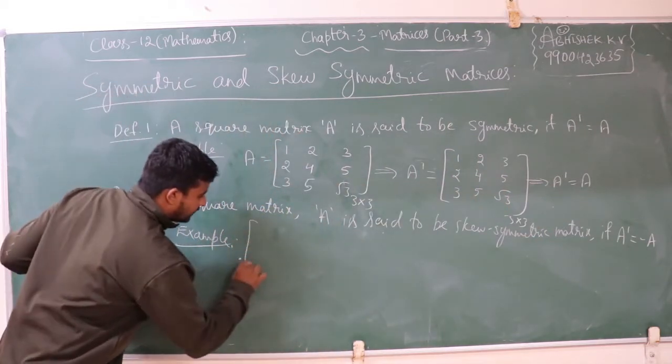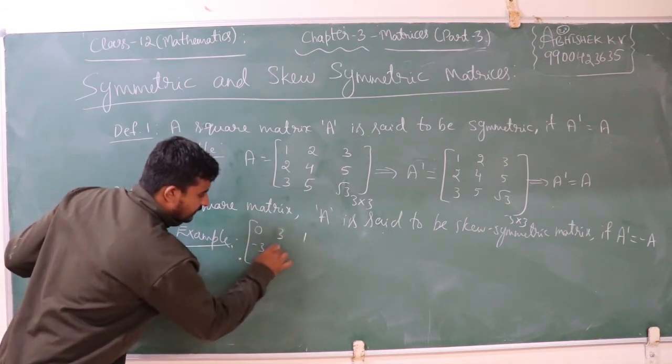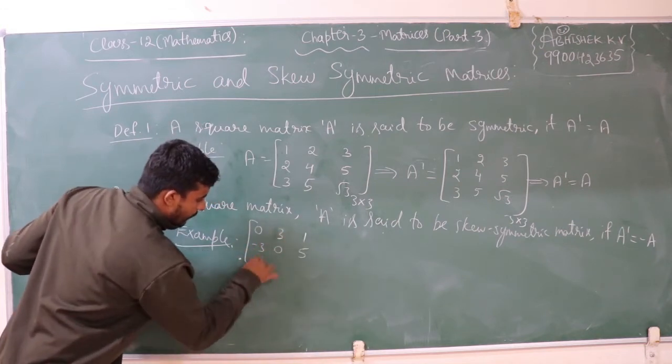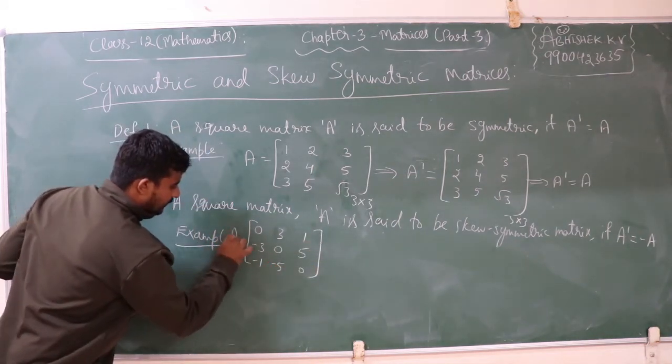For example, consider 0, 3, 1; minus 3, 0, 5; minus 1, minus 5, 0. See, this is denoted by A.